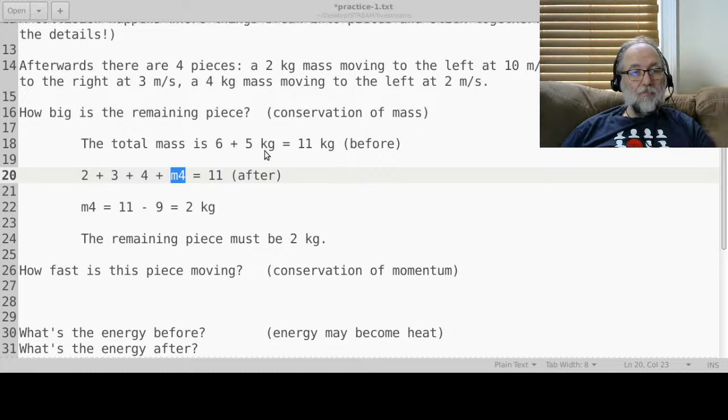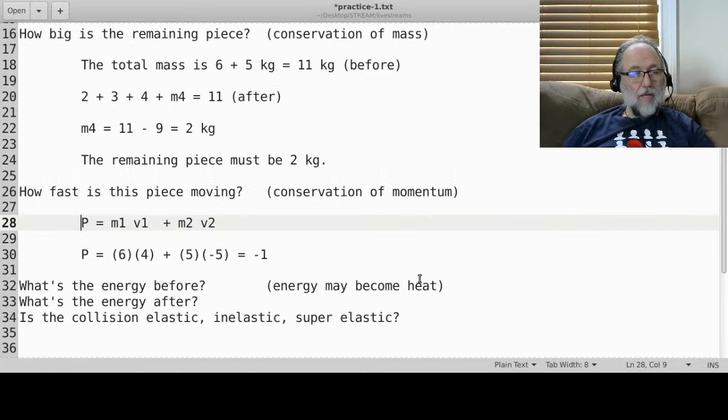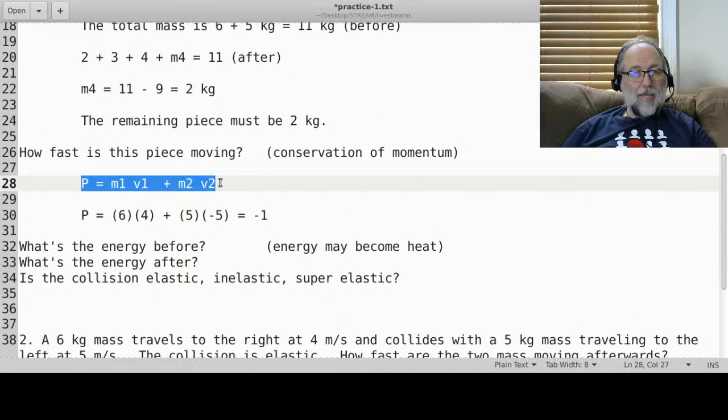Okay, so next question. How fast is that piece moving? That is that last 2 kilogram piece. All right, so we proceed the same way. We calculate the total momentum before, and there it is. Okay, so how is momentum calculated?